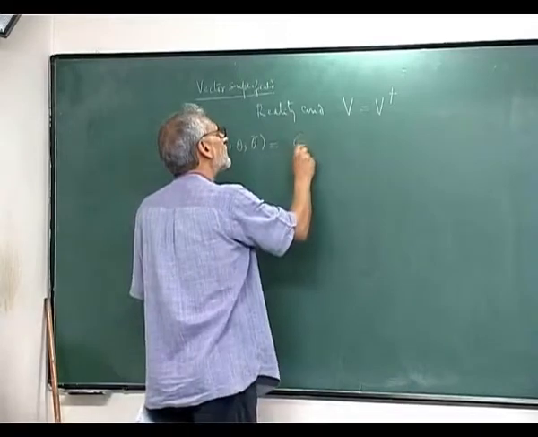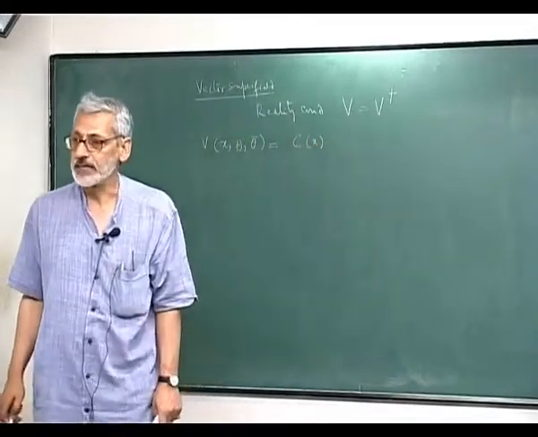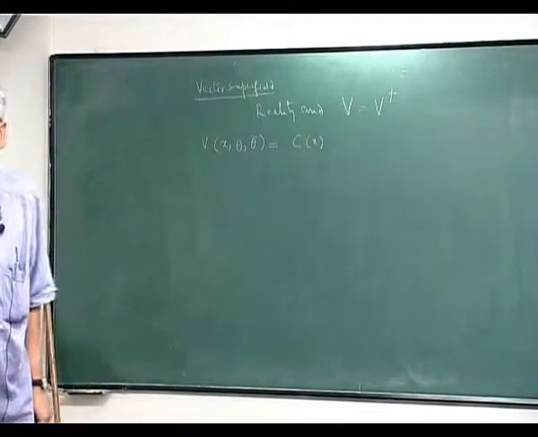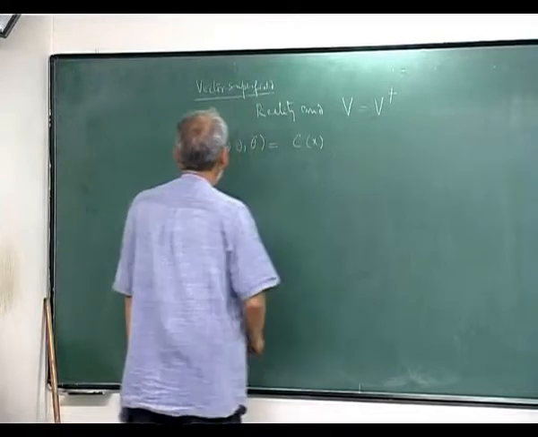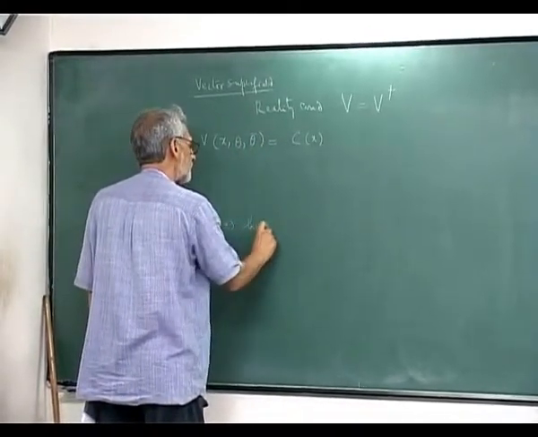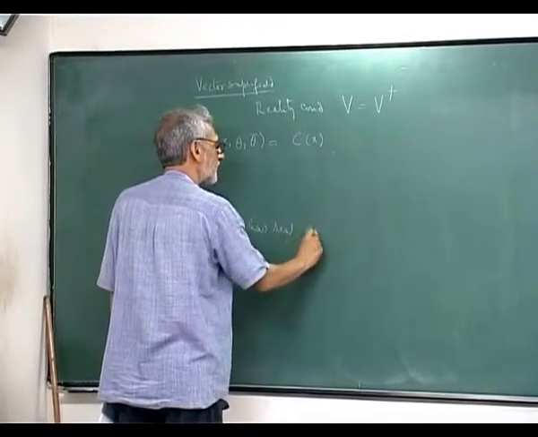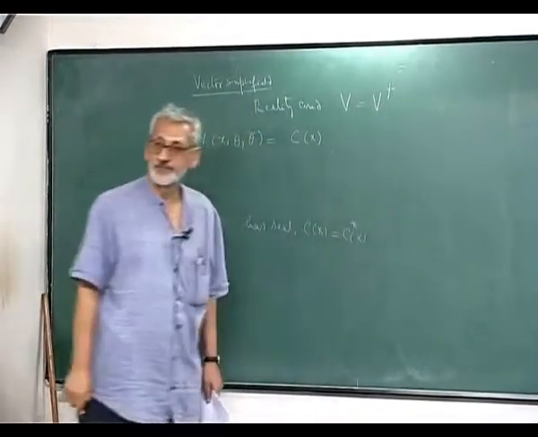So we'd have an expansion the way we wrote it: C of x, independent of theta. Since it has to be real, C of x has to be real, that is, C of x is the same as C of x star, or dagger.